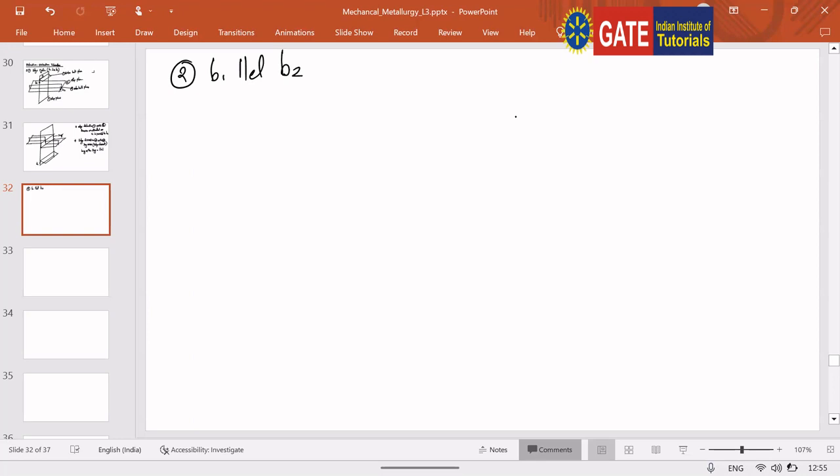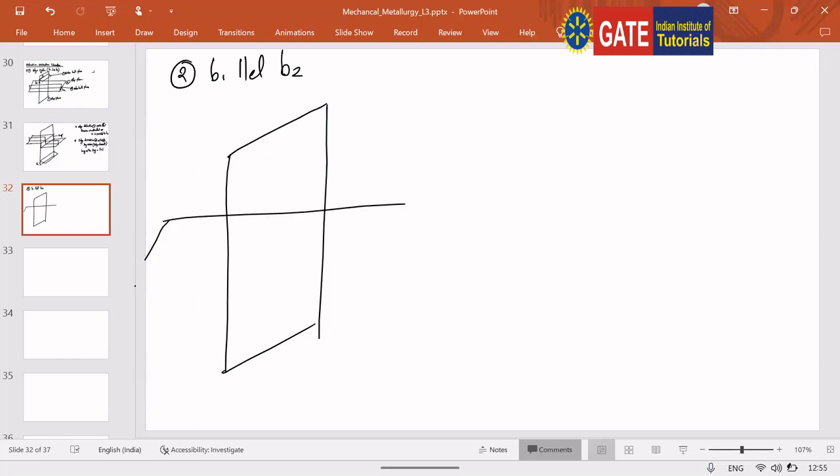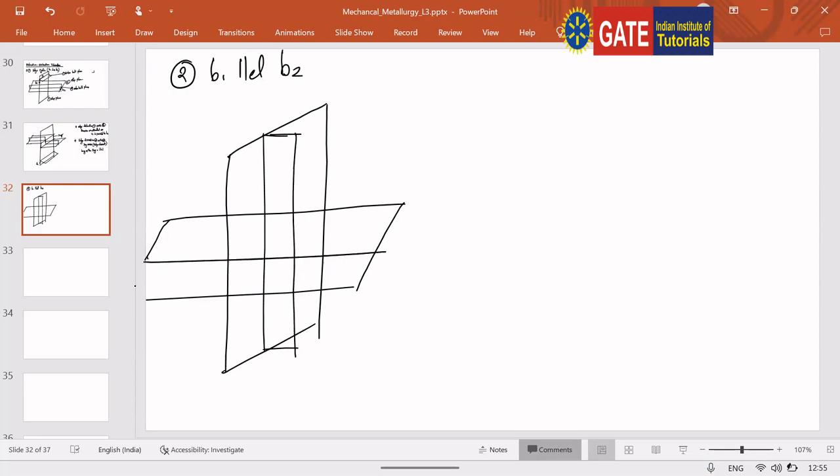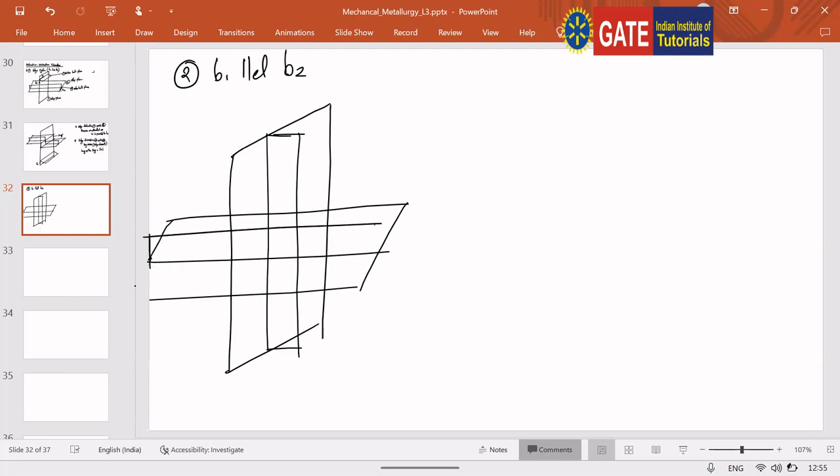Imagine two slip planes. In this case, this is your first dislocation, first extra half plane, and this is your second extra half plane.